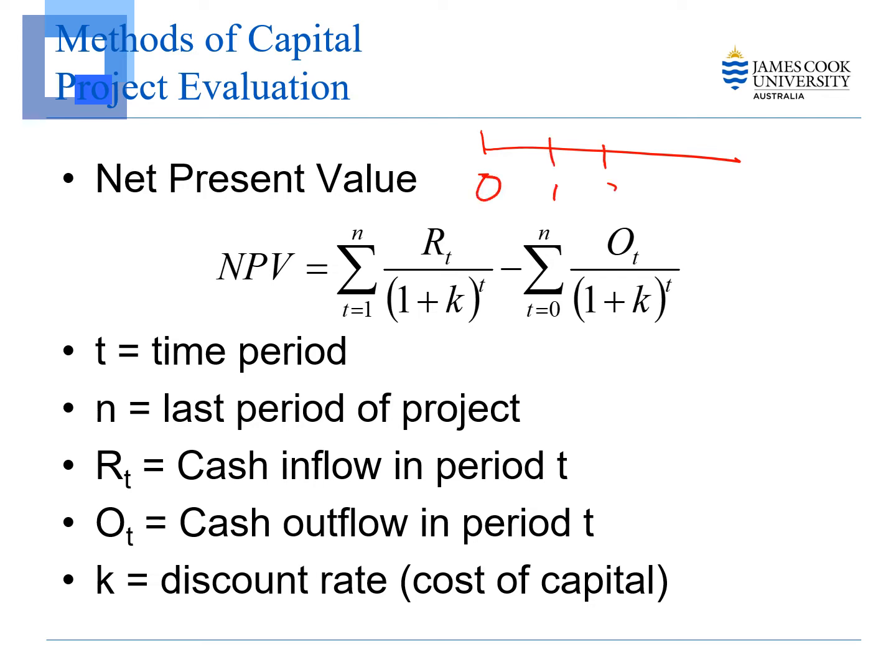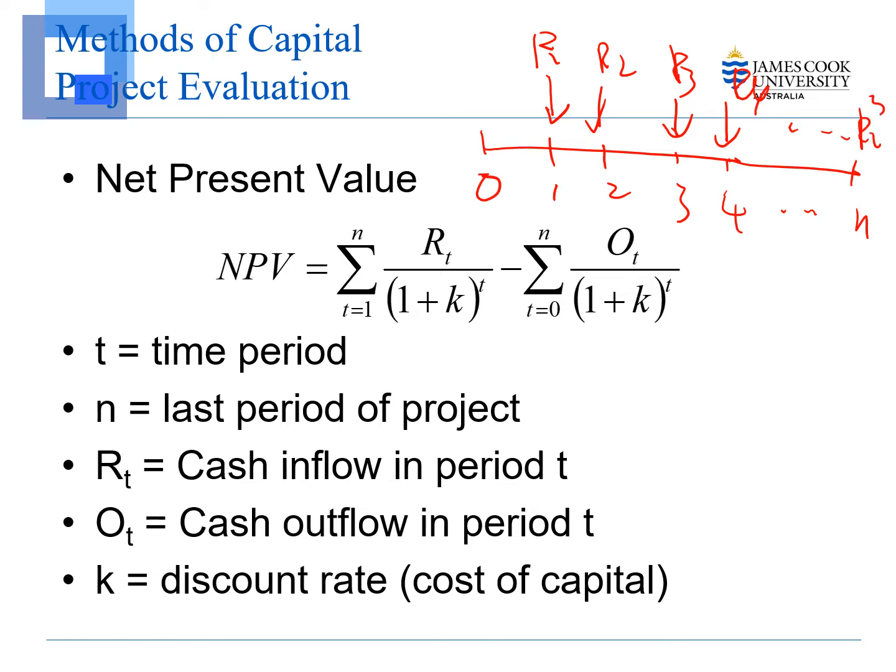Time periods 0, 1, 2, 3, 4 until year n. There's cash inflow starting from year 1, R1, R2, R3, R4, Rn, and there's cash outflow of O0, O1, O2, and so on and so forth.